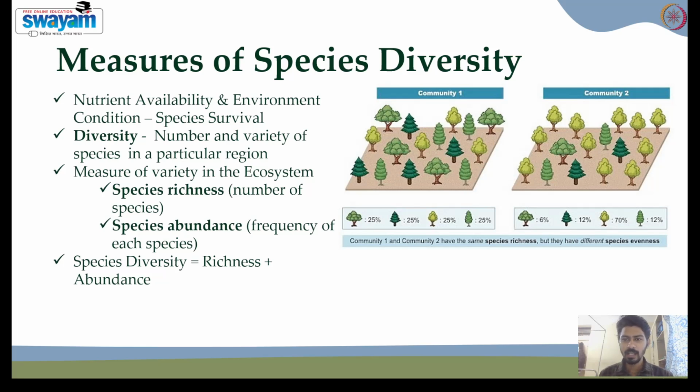In the right-side diagram, we have community 1 and 2, where I have said the species richness is the same. How? What does richness specify? How many types of species are present in a community. So why is it the same in both community 1 and 2?